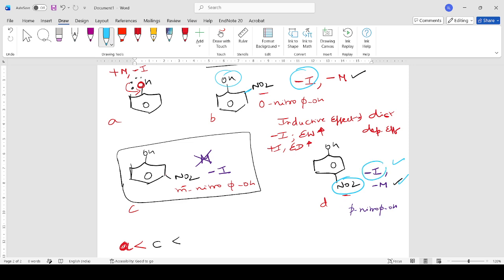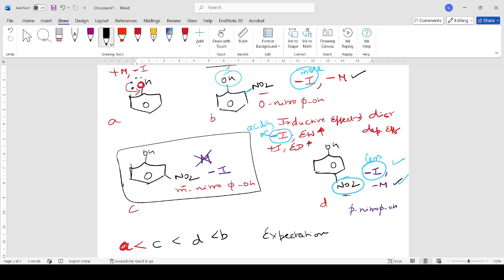So definitely this minus I effect will be less. This minus I effect will be more. As you said, minus I is directly proportional to acidity. So I guess the trend will be followed by D and followed by B. This is my expectation.